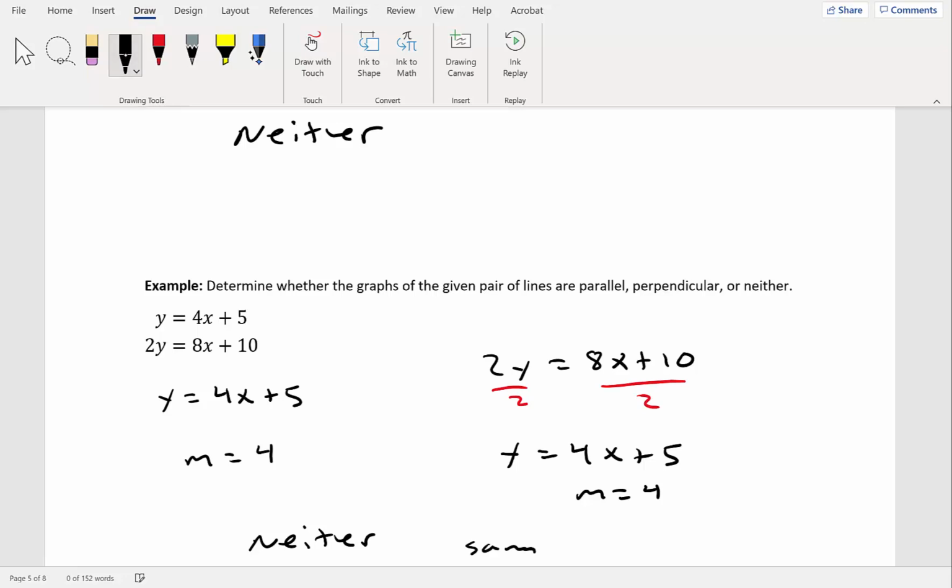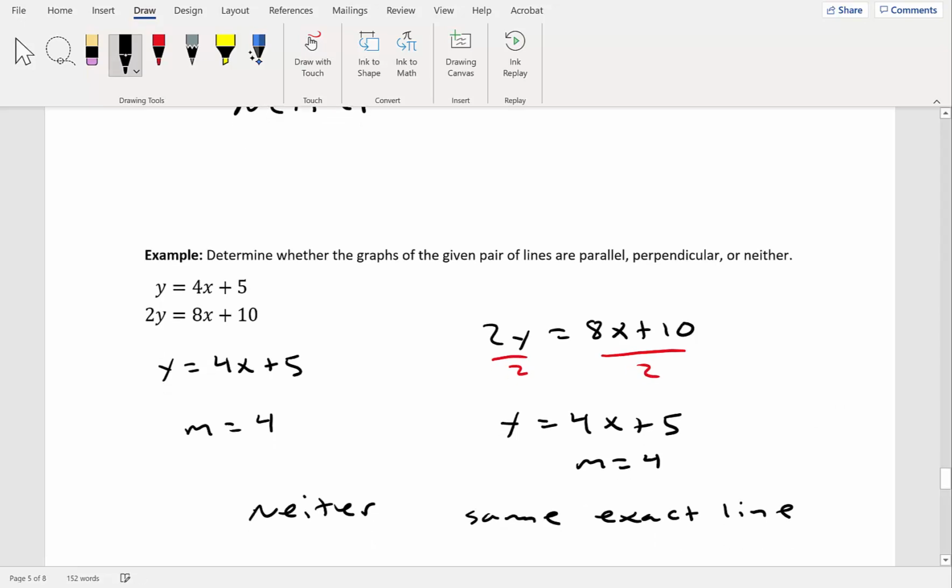Let's put same exact line. Remember, the definition of parallel lines is that they cannot intersect. They have to have the same slope, but they can't intersect either. If it's exactly the same line, they're going to be intersecting.